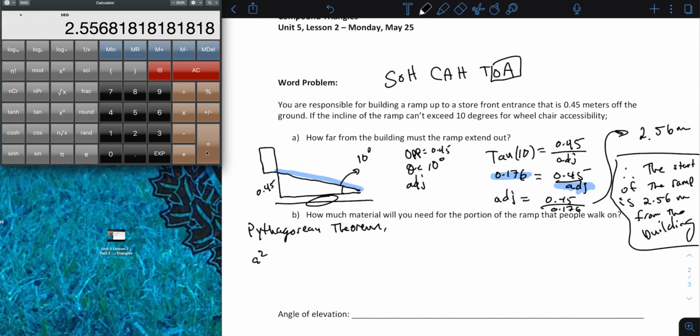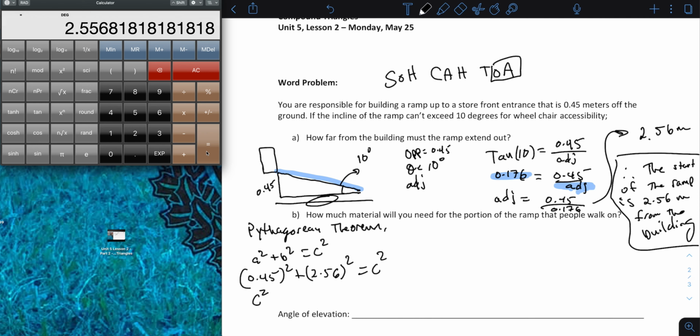I'm going to go a squared plus b squared is equal to the hypotenuse squared, right? I now know 0.45 squared plus 2.56 squared is equal to c squared.